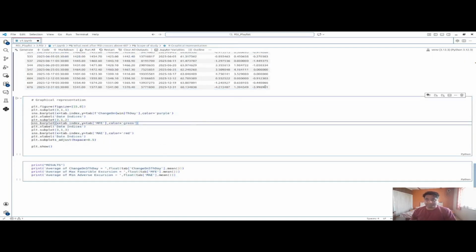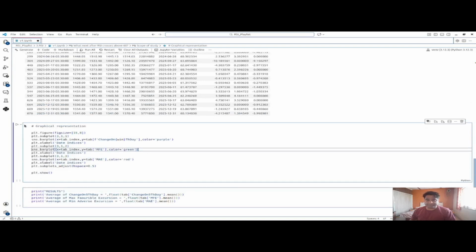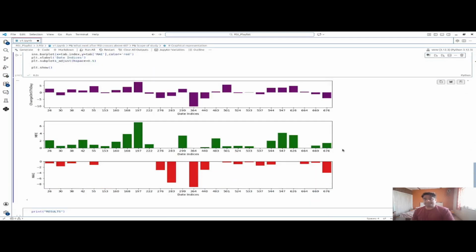Now let's put these 3 parameters into graphical representation. Look at this. So change on the 5th day is somewhat balanced, but we'll get to know whether it falls on the positive side or negative side when we calculate the mean.